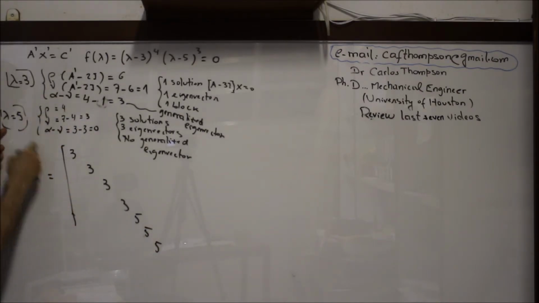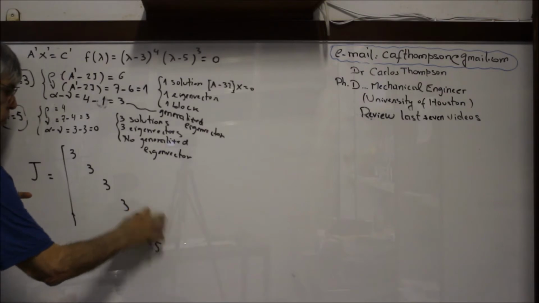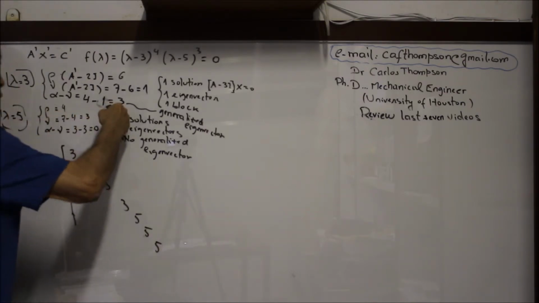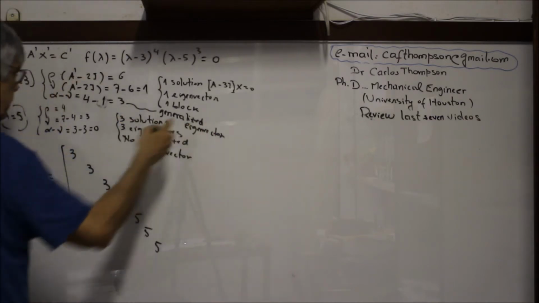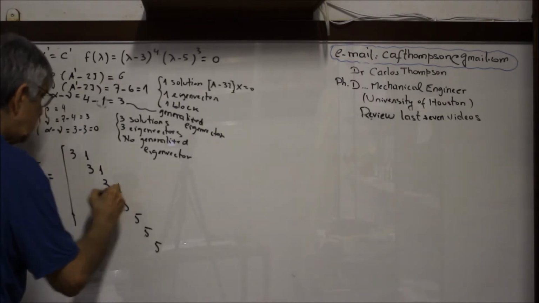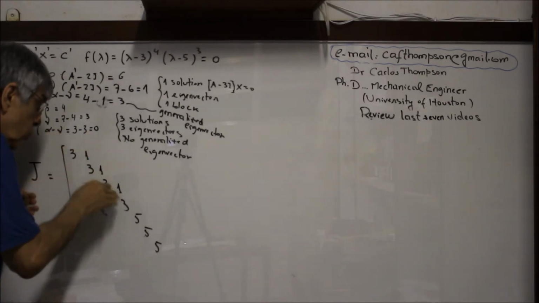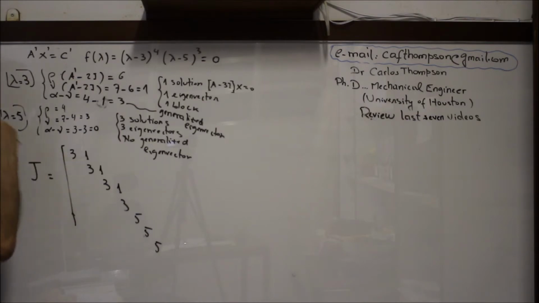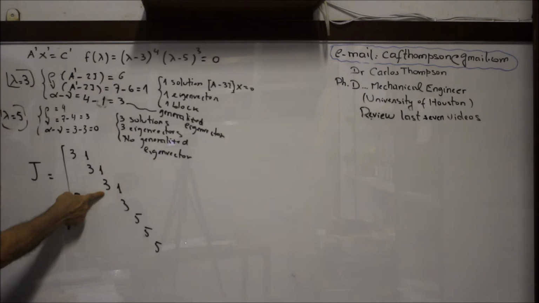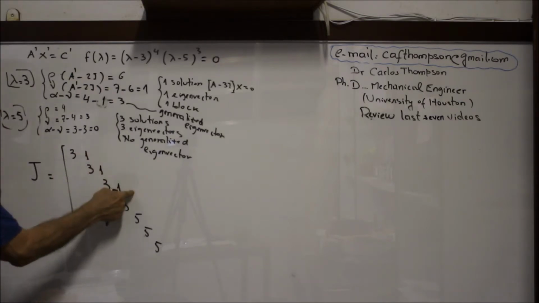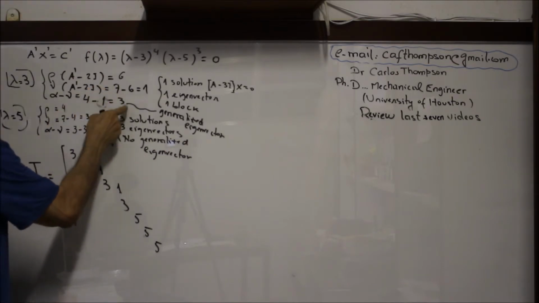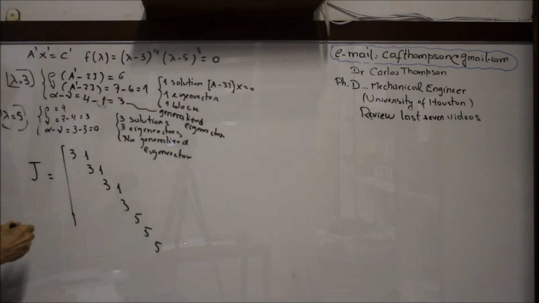Look, for lambda is equal 5, there is no 1 here on the super diagonal. But for lambda is equal 3, I have 3 generalized eigenvector. So there is no way to play with the ones. That's the only form, okay? That's the only one way to put ones over here. This is 3 ones. Why 3 ones? Because we have here 3 generalized eigenvector.